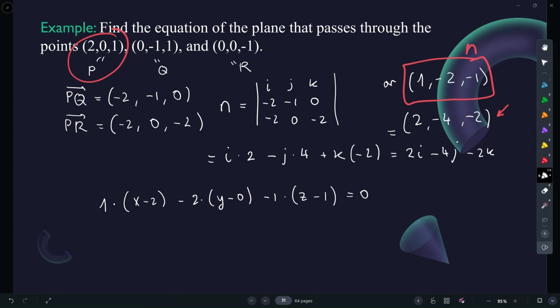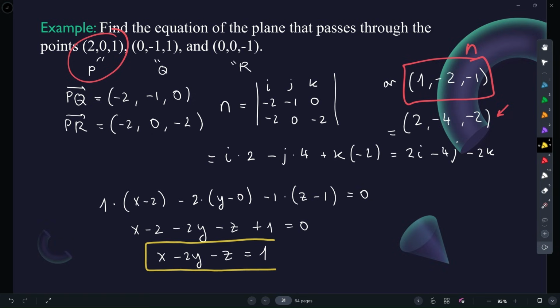Now simplify. This is x minus 2 minus 2y minus z plus 1 equals 0, or x minus 2y minus z equals, minus 2 and plus 1 is minus 1, so on the other side it is 1. So if I haven't made any mistakes, this is the equation of the plane I was looking for.